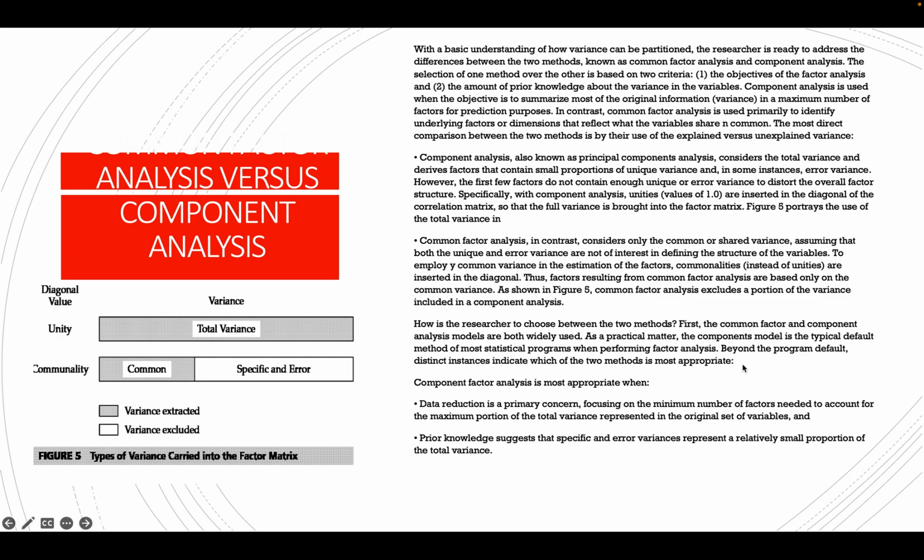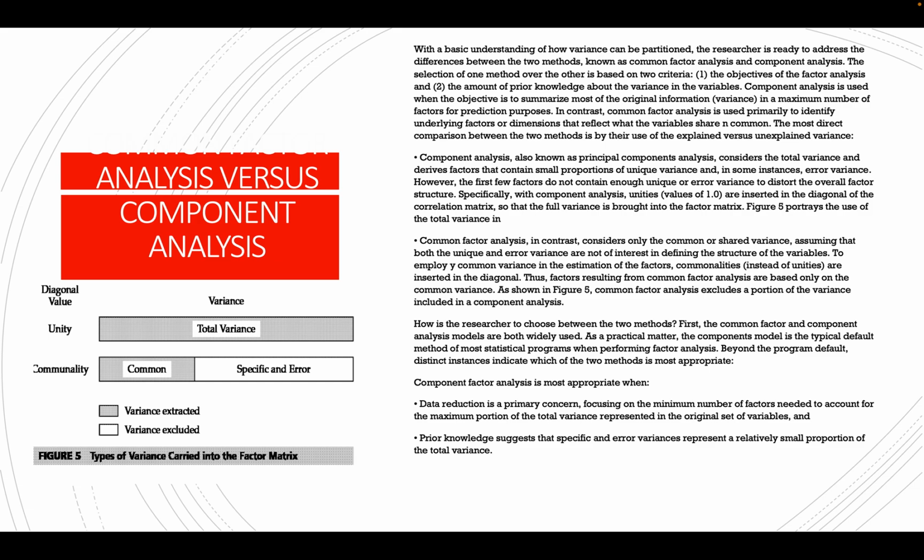How is the researcher to choose between the two methods? First, the common factor and component analysis models are both widely used as a practical method. As a practical matter, the component model is the typical default method of most statistical programs when performing factor analysis. Beyond the program default, distinct instances indicate which of the two methods is most appropriate.